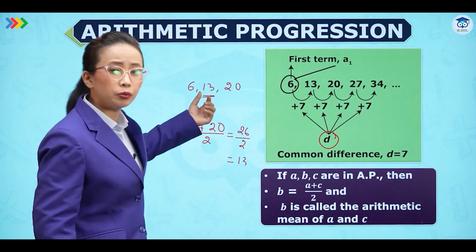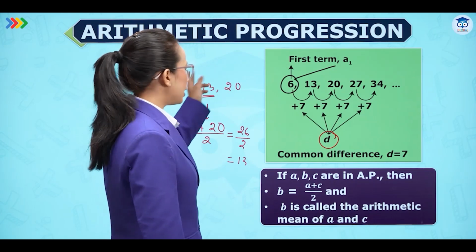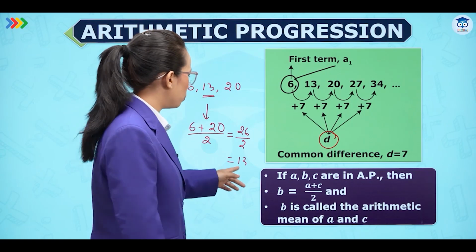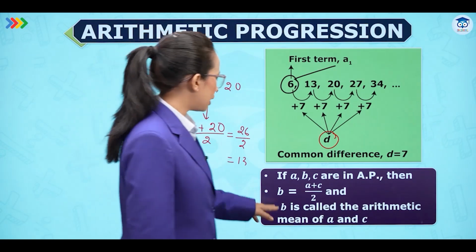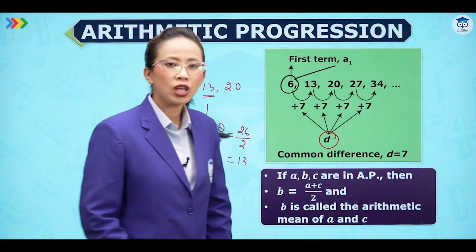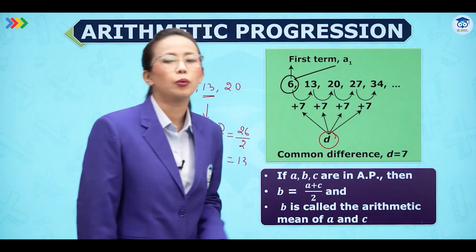So the middle term of an AP can always be calculated by adding the two values, the previous and next of that value, upon 2. That is nothing but the arithmetic mean. So suppose A, B, C is in AP, then B is nothing but (A plus C) upon 2.